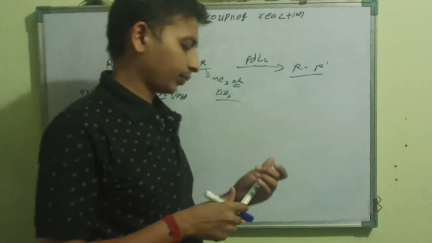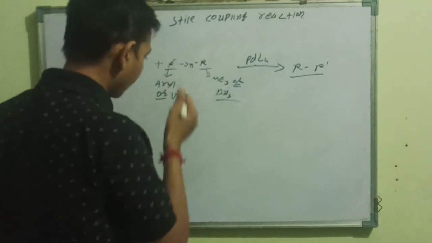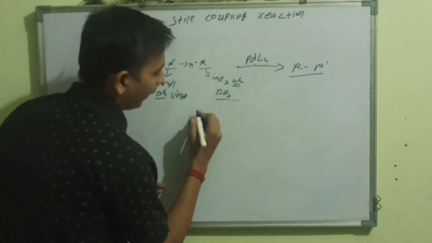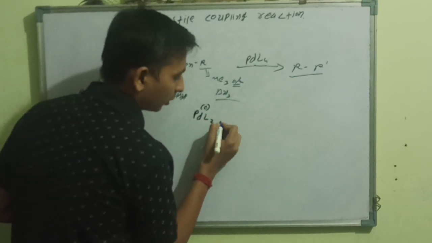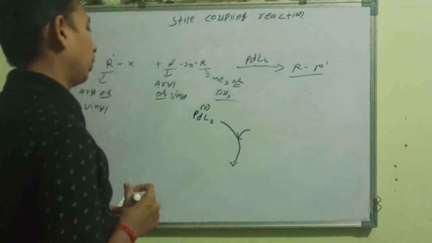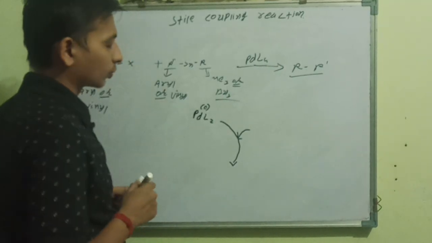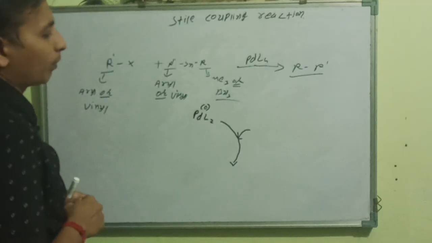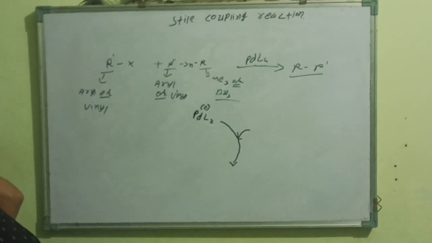Now the mechanism, which is different for Stille coupling. What is different? I can show it: we start with the palladium L2 catalyst, which undergoes oxidative addition with the compound R2-X, like vinyl halide.